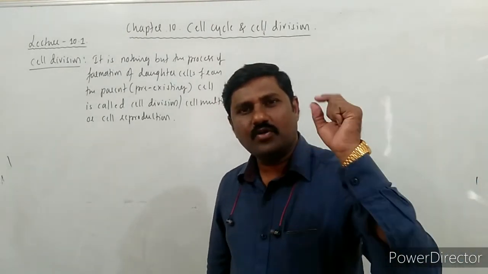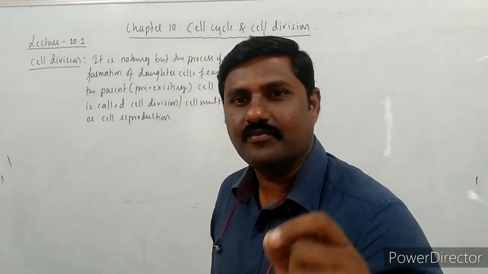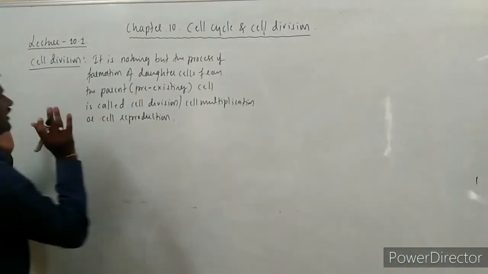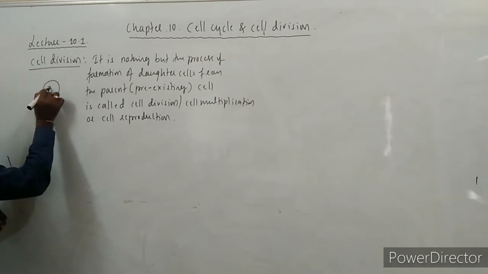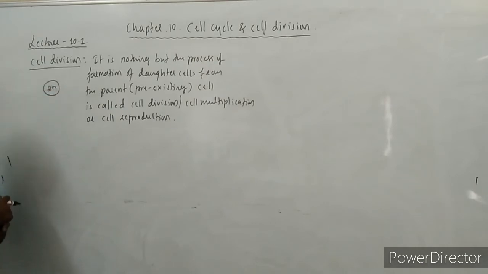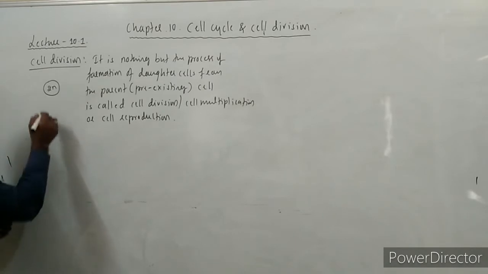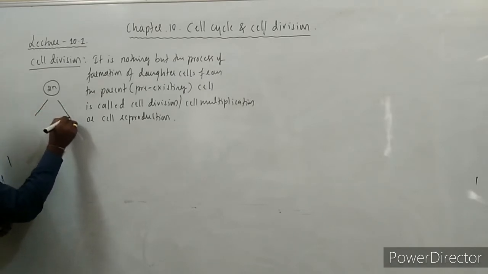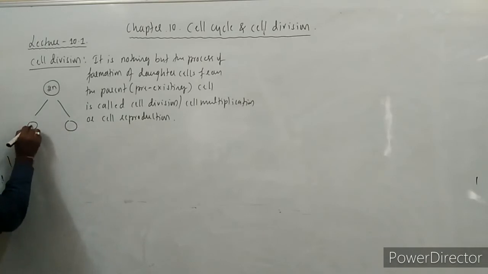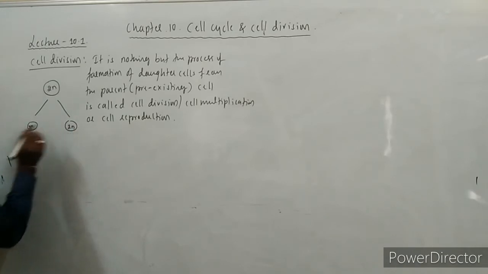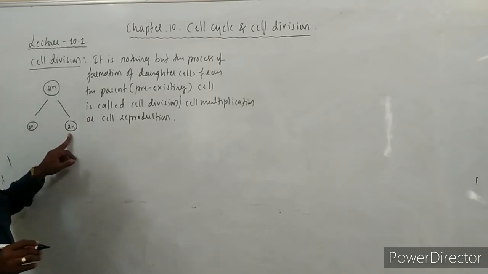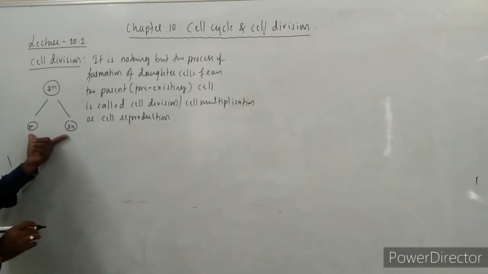So we came to know what cell division is. It is a very simple aspect. Here a single cell is there, and this cell has 2n number of chromosomes, that is the diploid number of chromosomes. It divides into two smaller sized cells, so they have 2n and 2n, an equal amount of genetic material, that is 2n number of chromosomes it also contains.